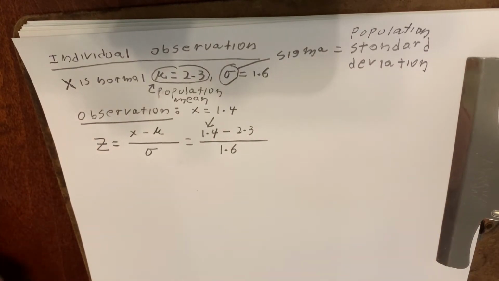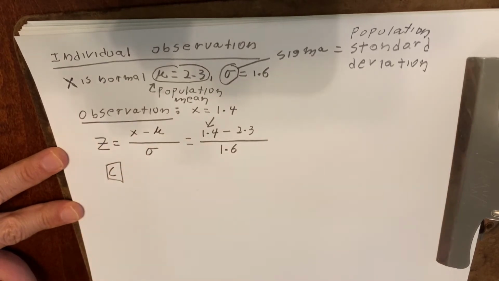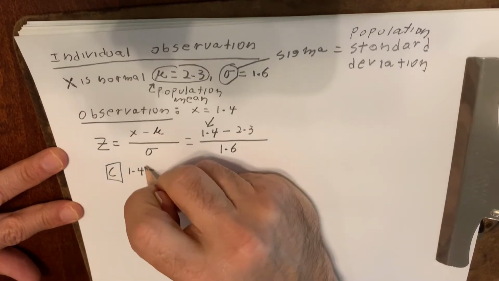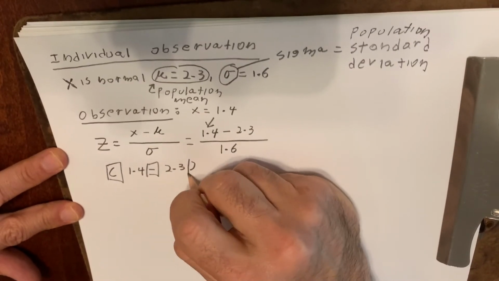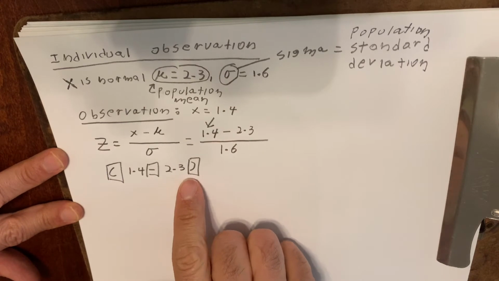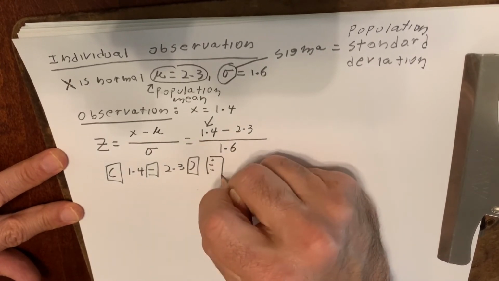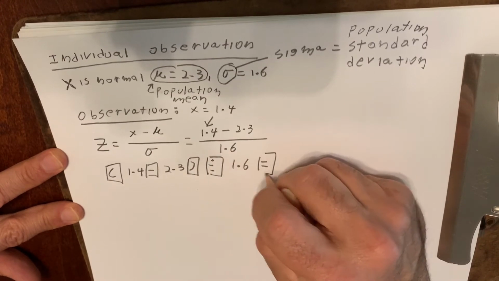Now, the way we do this on the calculator is first we hit the parenthesis button, and then we hit the 1.4, and then we hit the minus button, and then we hit 2.3, and then we close the parenthesis with the close parenthesis button, and then we hit the divided by button, and then we hit 1.6, and then we hit the equals button.